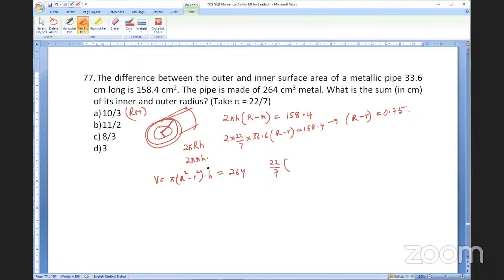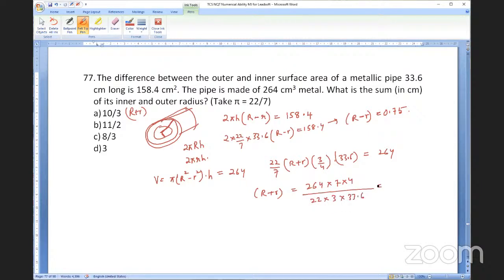Instead of R square minus r square, I am writing (R plus r) into (R minus r), which is 0.75, that is 3 by 4, into height. Height is 33.6. This equals 264. So the sum of the two radii is 264 into 7 into 4 by 22 into 3 into 33.6.